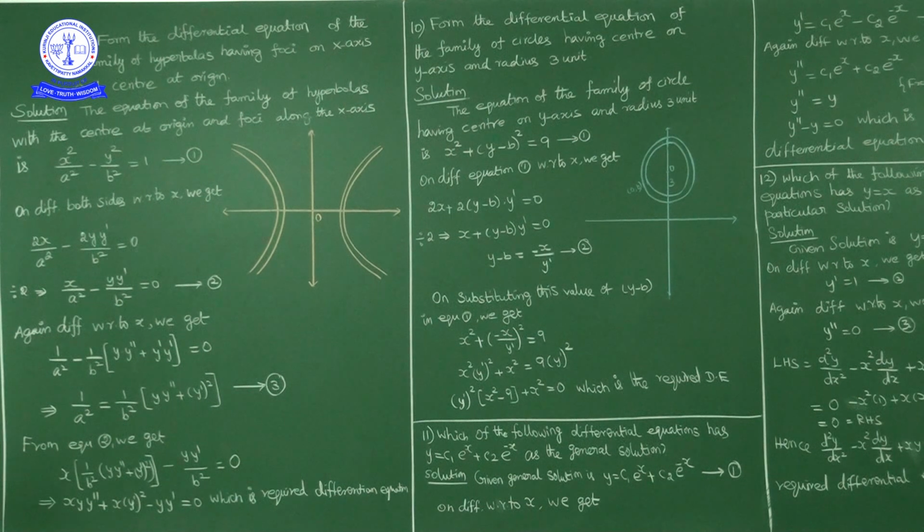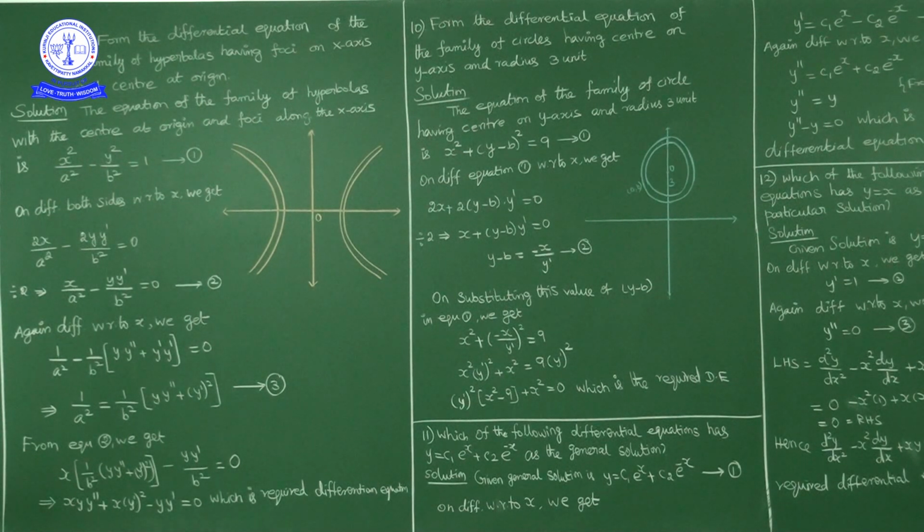Now here the question is to form a differential equation of the family of circles having center on the y-axis and radius 3 units. Center on the y-axis means the center is of the form (0, b), x-ordinate 0, y-ordinate some number, and radius is 3.